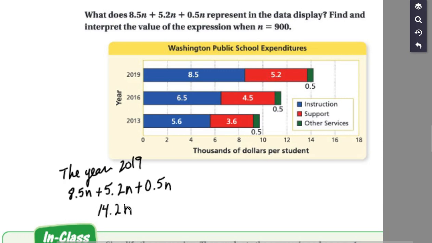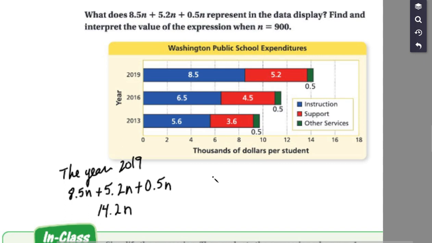So that means basically $14,200 per child was being spent.